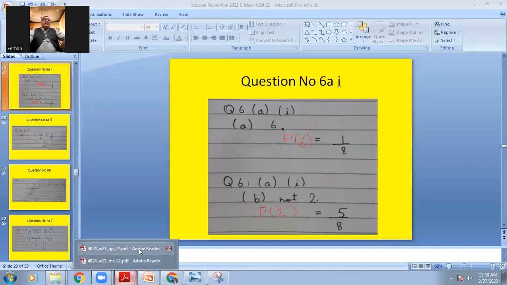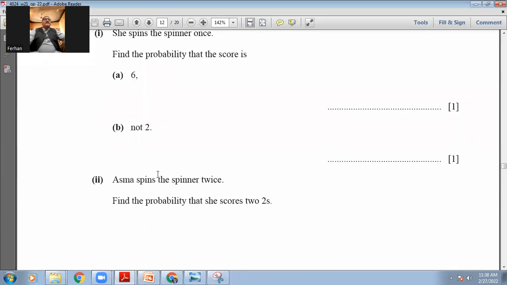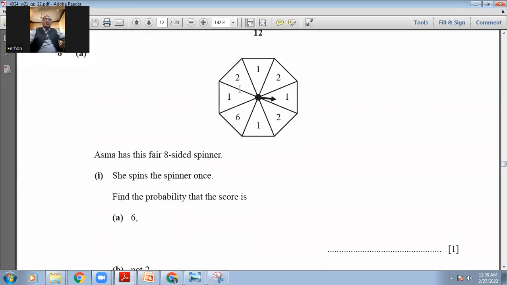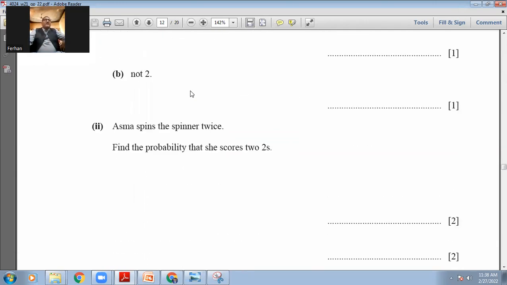So let's look at the next part. It says not 2. How many times is 2 there? 1, 2, 3. So out of 8, 2 came there 3 times. So 5 times it's not 2. So 5 divided by 8 will be the answer.